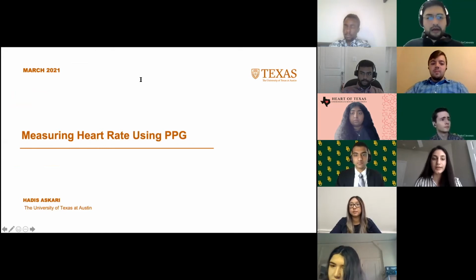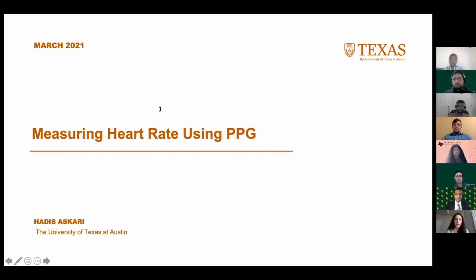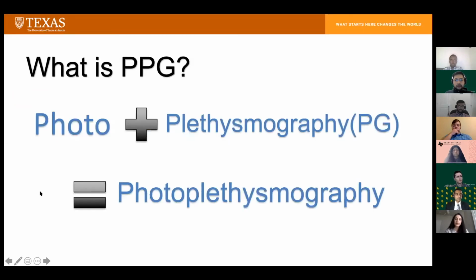Hi everyone, thank you so much for having me and giving me this chance to present my research. My case study will be analyzing how to measure heart rate using PPG technology. But first we need to know what PPG is. PPG is photoplethysmography.